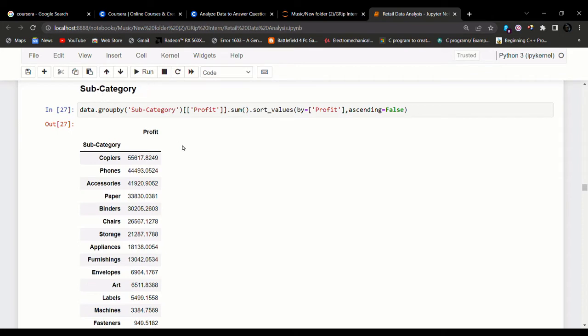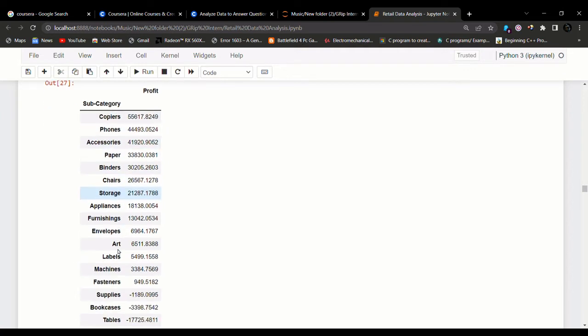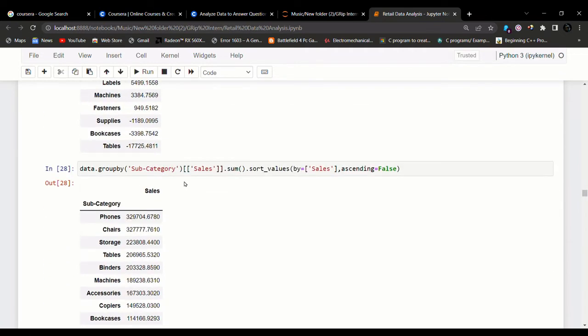Now to the subcategory. In the subcategory we have first grouped the subcategories and found out the profits on each subcategory, like copiers, phones, etc. And we have also grouped the sales per subcategory items.